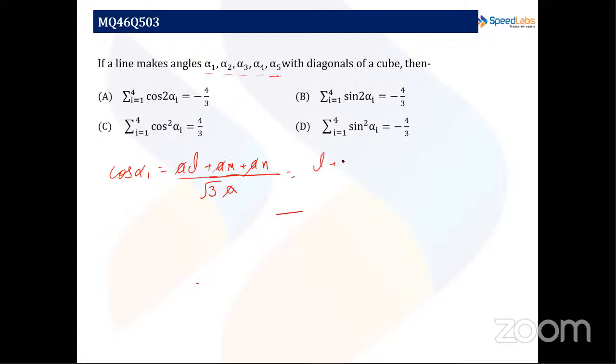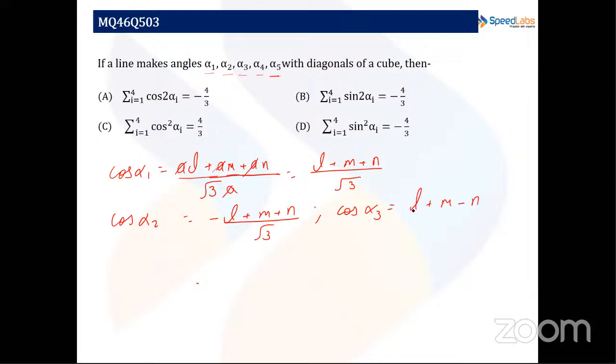We can say it is L plus m plus n by root 3. Similarly, cos alpha 2 will be minus L plus m plus n by root 3. Cos alpha 3 was L plus m minus n by root 3. And cos alpha 4, its value is L minus m plus n by root 3.